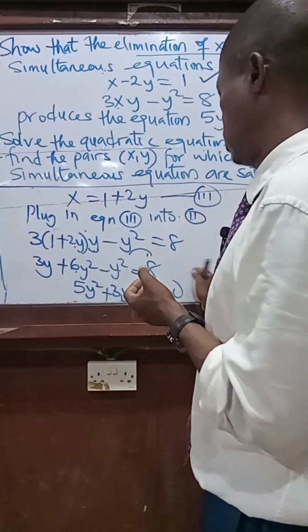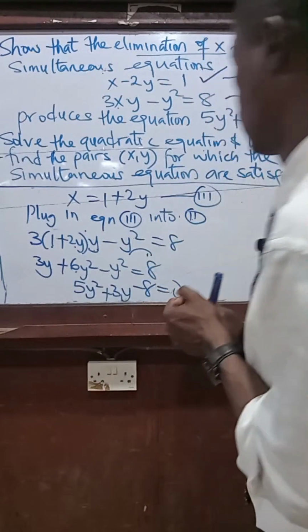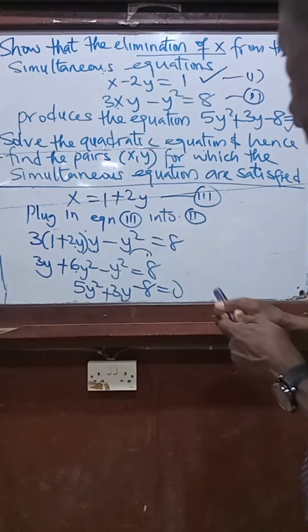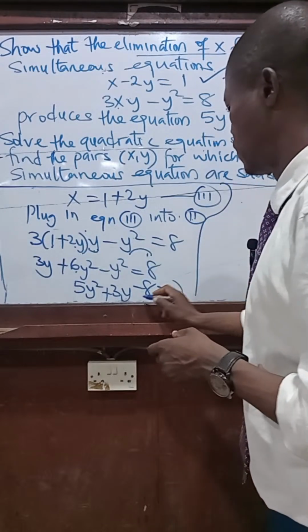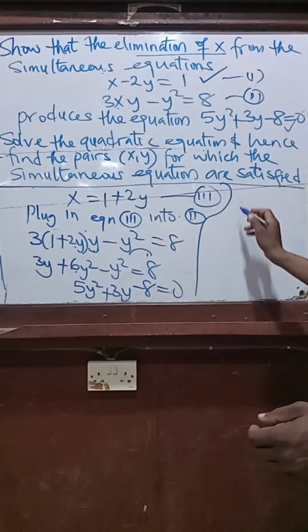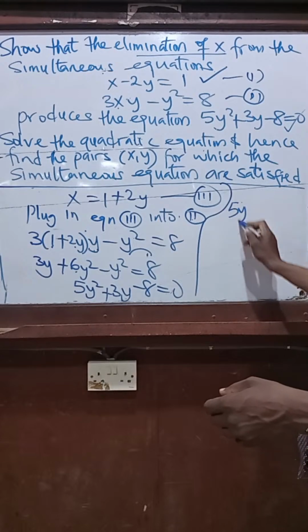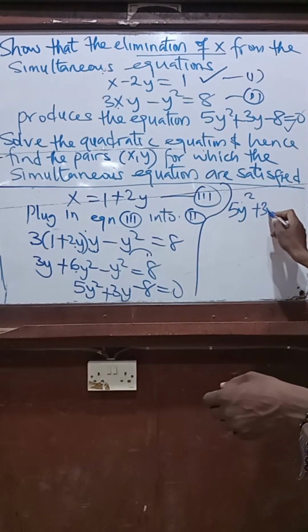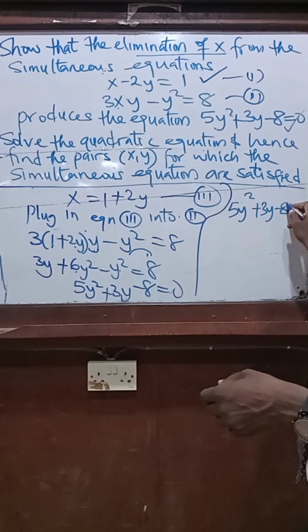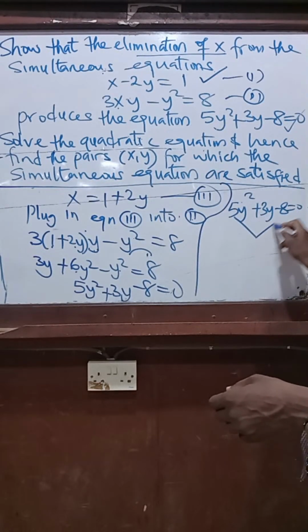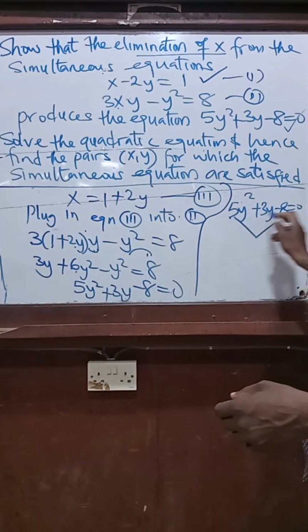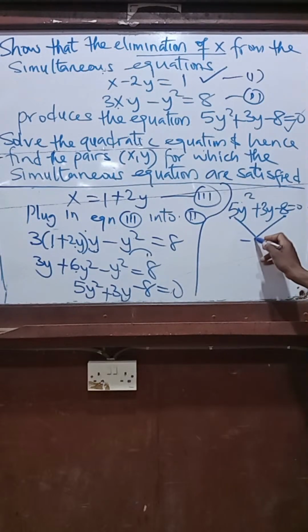So the first one is generated, we've gotten this. We are going to continue to solve this equation. It's quadratic in nature: 5y squared plus 3y minus 8 equal to 0. So I'm going to multiply the a and c, so that's minus 40 y squared.